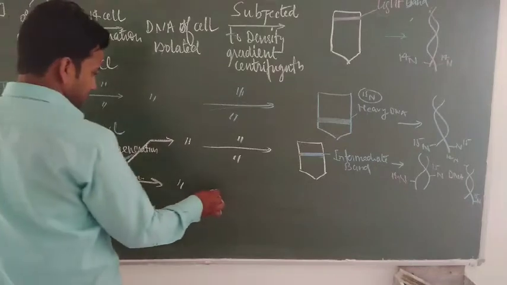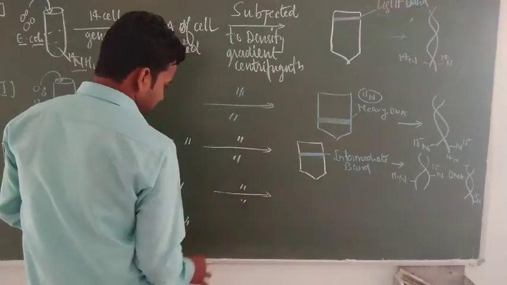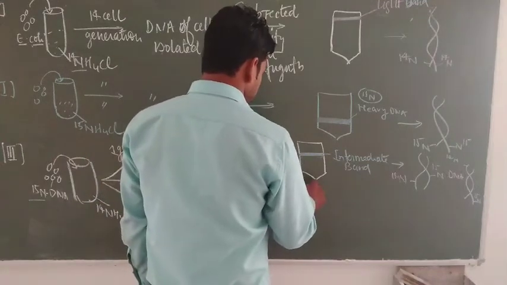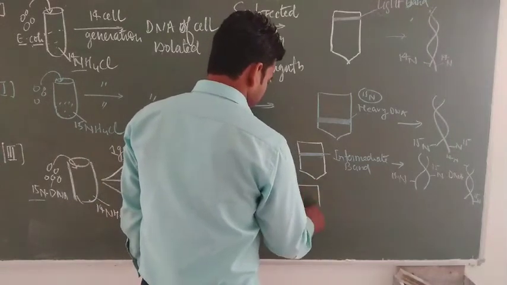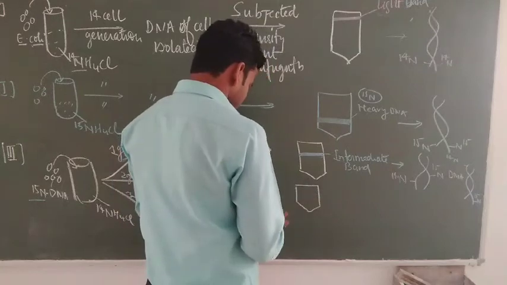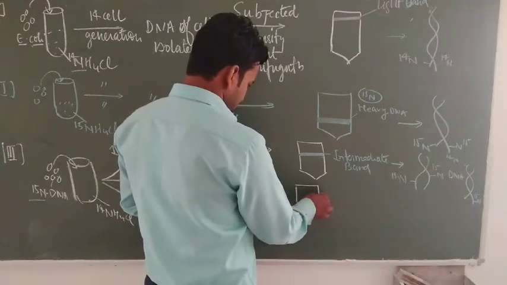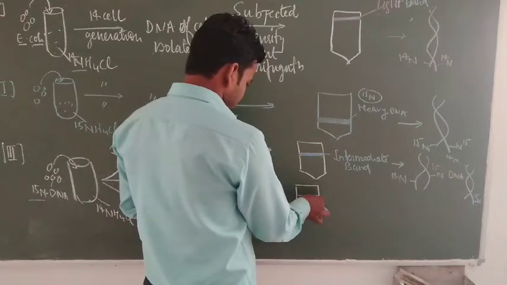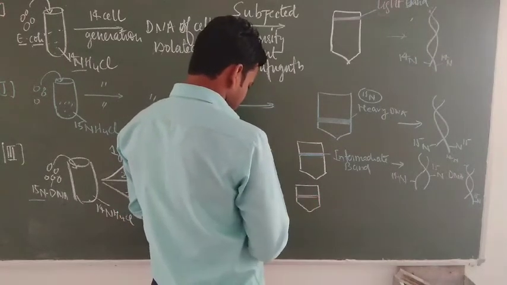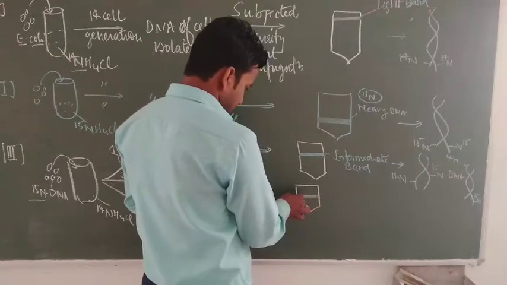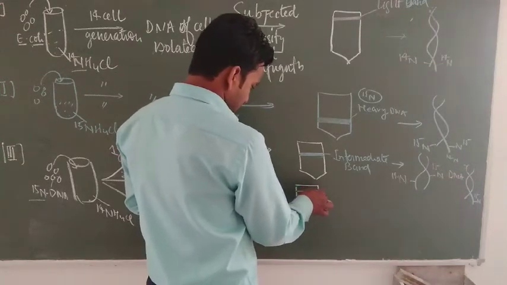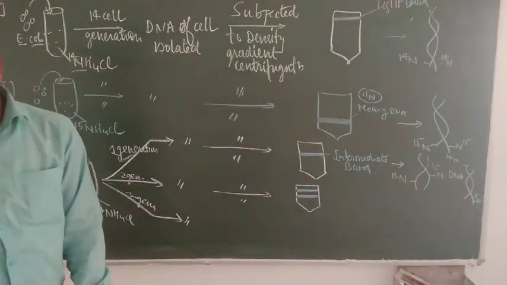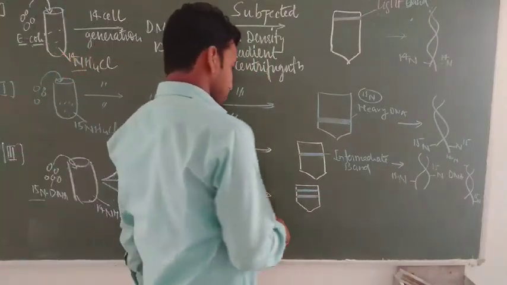After two cell generations, when DNA is isolated and subjected to density gradient centrifugation, they found that the one intermediate band is constant, and in the second generation an increase of the light band takes place. Especially two copies of light band are formed.